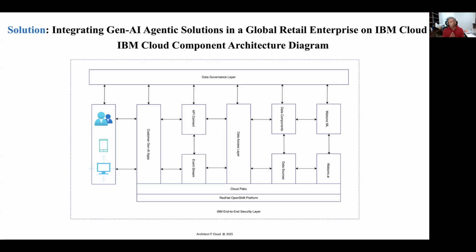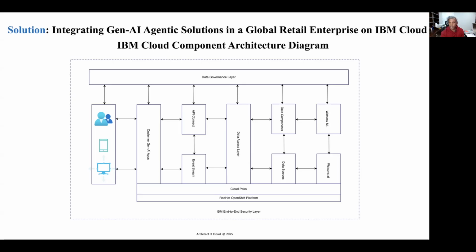It will get stored in the data source. And once that is stored in the data source safely, securely, it can be consumed by the generative AI services like Watson X machine learning and watsonx.ai, wherein you can pick the right model for your business scenario, and that model will consume the data, analyze the data, and pass it back to your front end application, and you can serve your customer effectively and efficiently.